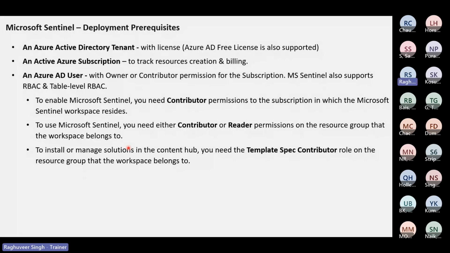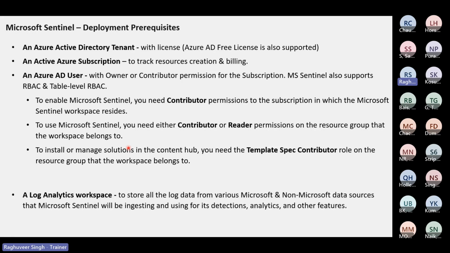They typically give them subscription level RBAC instead of resource specific RBAC. Instead of providing users Sentinel reader RBAC, they will provide users reader access on the subscription to which Sentinel belongs. That way, those employees will be able to read and view all other resources in the subscription, which is not a good practice.